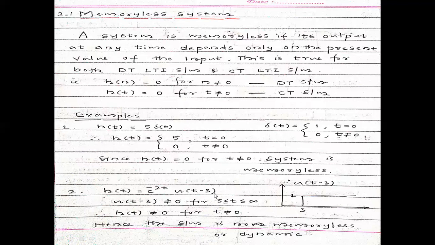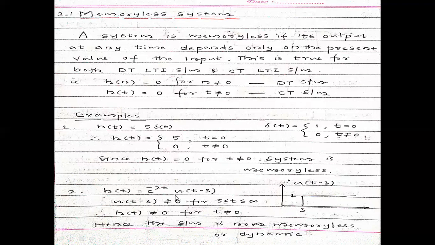Now, u of t minus 3 is equal to 1 from t equal to 3 to infinity, because u of t is equal to 1 from t equal to 0 to infinity. u of t minus 3 means it is right shifted by 3, so t varies from 3 to infinity. And at t equal to 0, we have u of t minus 3 equal to 0.